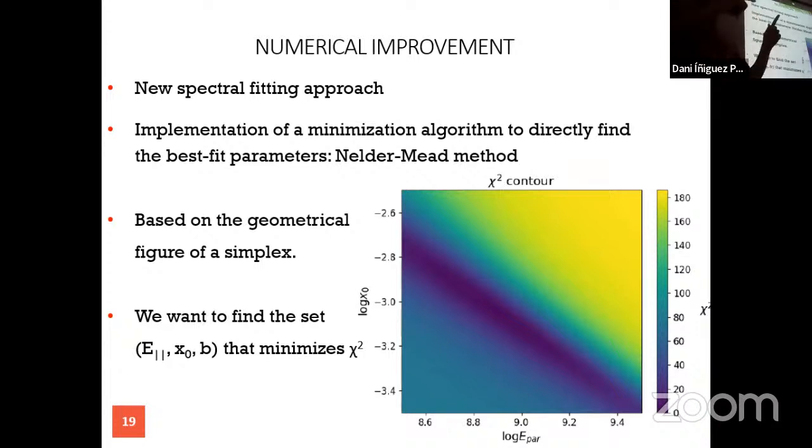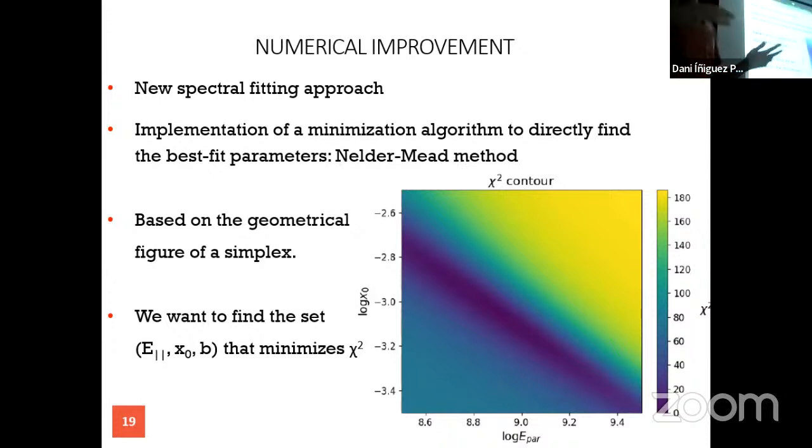So this simplex is placed in the space of parameters, which in our case are parallel B0 and B. At each of these vertices the function to minimize can be evaluated. In our case, the function we want to minimize is the reduced chi-square, and you can see here an example of how it looks in 2 dimensions. What we want to do is find the set of model parameters that minimizes the chi-square.